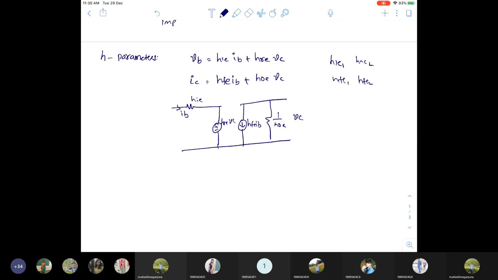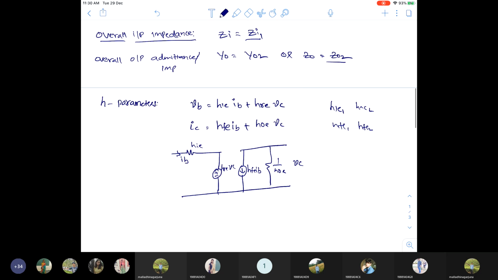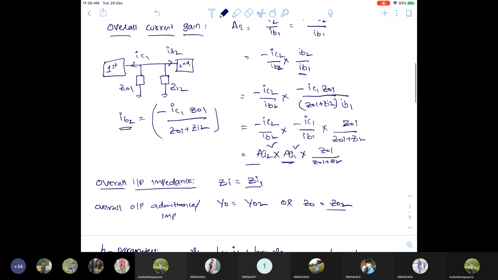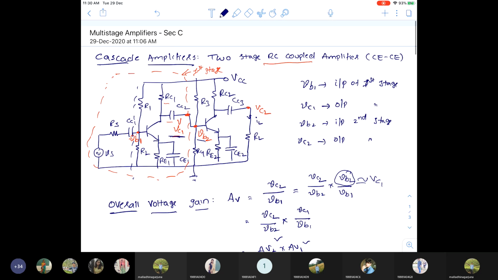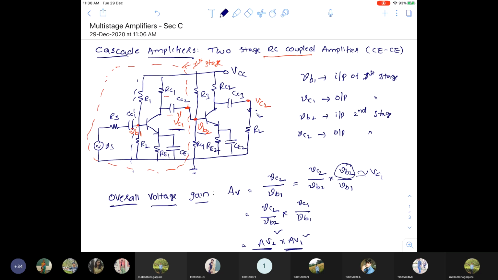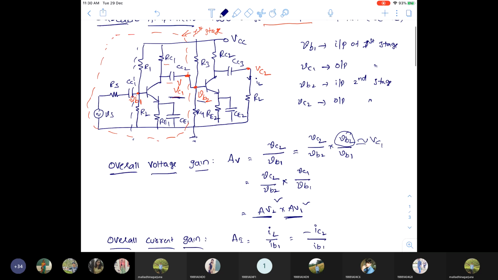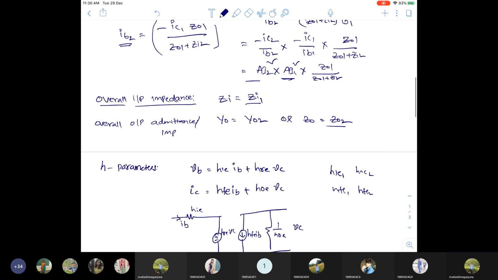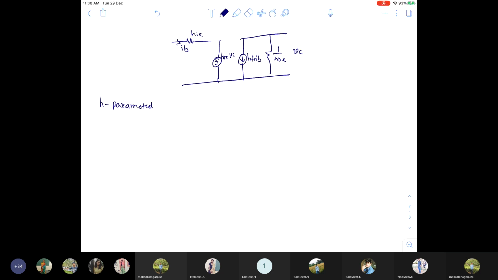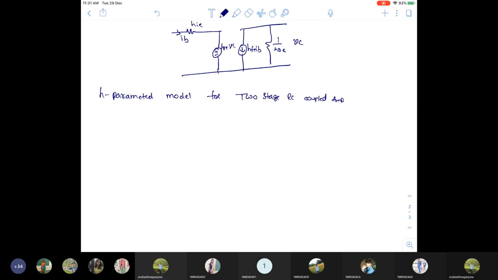Let us go back and see the circuit of this CE amplifier. There are two transistors, so we have to draw two H parameter models, one for each transistor. So I will draw the H parameter model for the two-stage RC coupled amplifier. I will draw the simplified version.